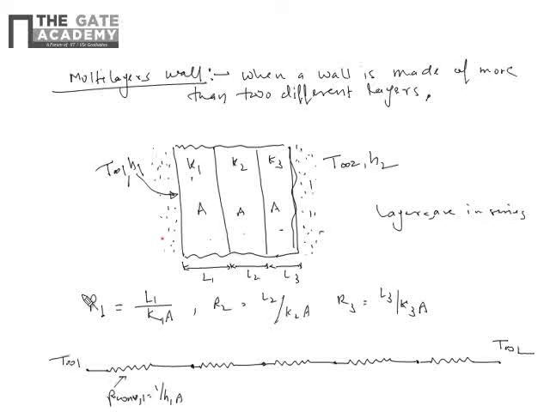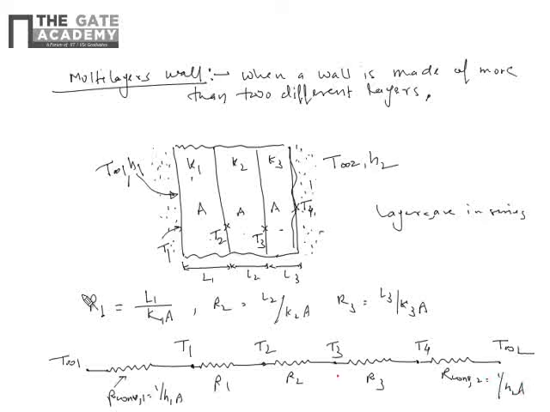Let us say this surface temperature is T1, at the interface of 1 and 2 is T2, at the interface of 2 and 3 is T3, and the right hand side surface temperature is T4. This is nothing but R1, R2, R3, and this is again R convection 2, which is 1 by H2A.